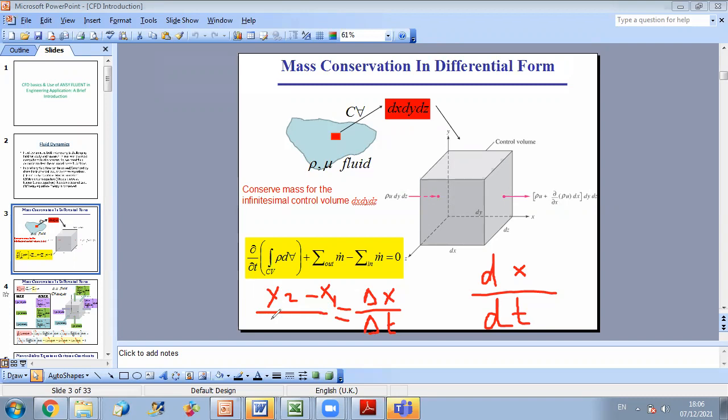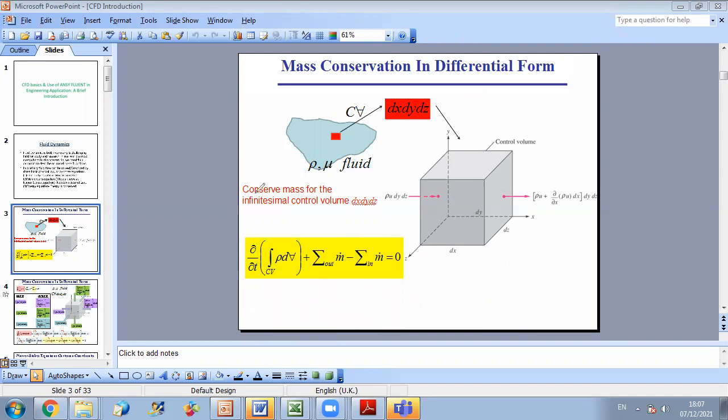And then the more you decrease delta t, the closer you will be to the real derivative. So by doing this transformation, we can transform a differential equation form to an algebraic form that can be solved using numerical schemes.